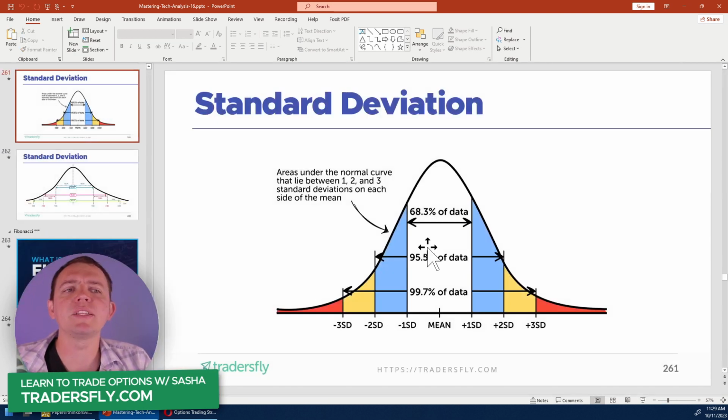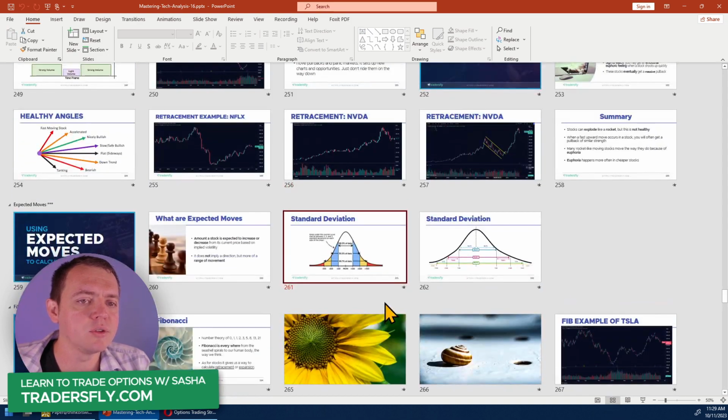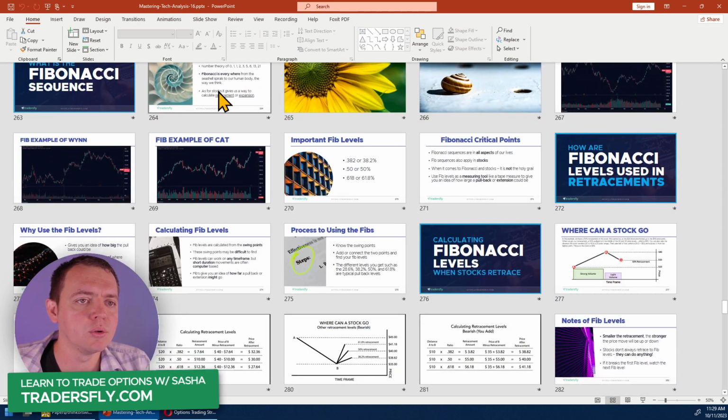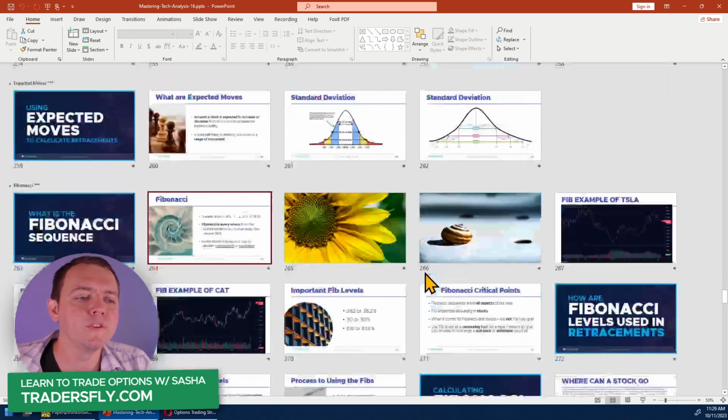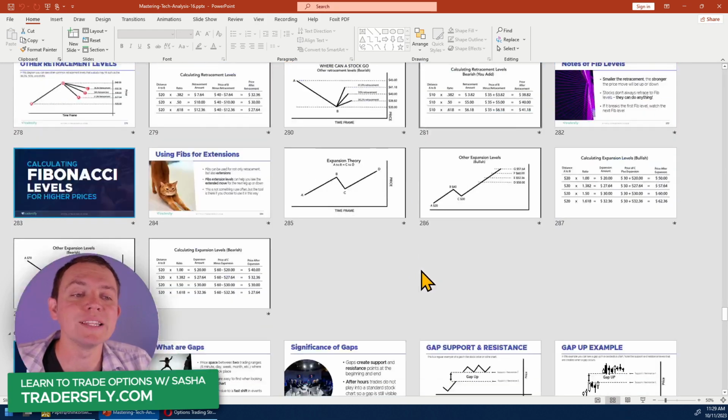We'll look at even expected moves like standard deviations based on the options expected move. And we'll even get into Fibonacci sequences, these different sequences that prices move through as prices pull back, as prices power higher. How much can we expect for those prices to move? And what are those levels?